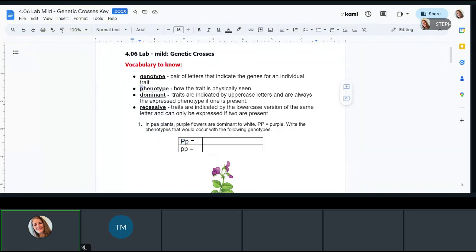And then phenotype is the trait, how we see it. So to tie those together, phenotype, physically seen. Okay, so the phenotype is how we see it, how we physically see it. The genotype is the genes. Okay, so this is the genotype. The phenotype is how our eyeballs see it.